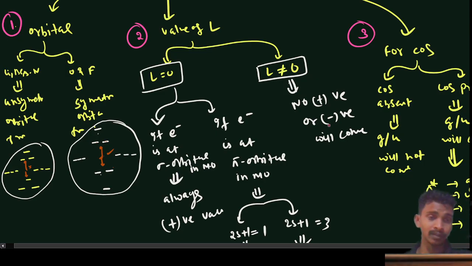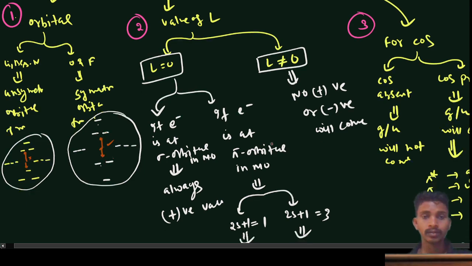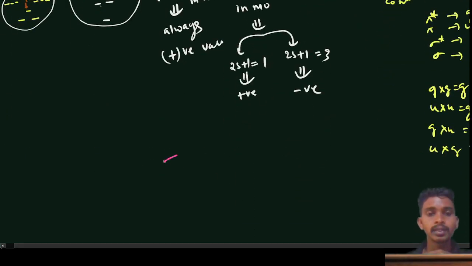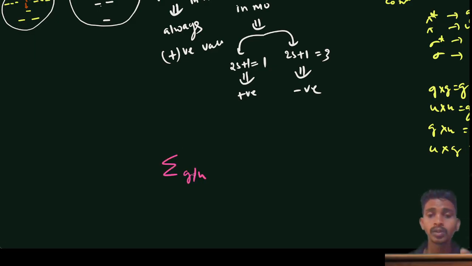First we look at the orbitals, then at the value of L, then whether the center of symmetry is there, because we are writing the term symbol. G or U, we understand how. Then 2S plus 1, we calculate the S value, and here you write positive or negative. This is the term symbol.